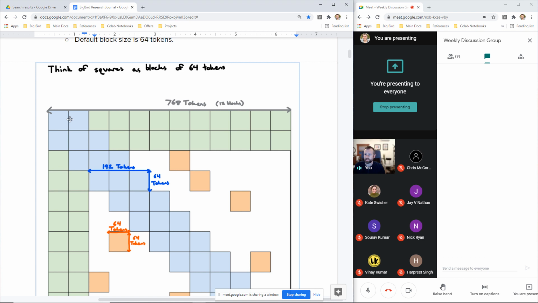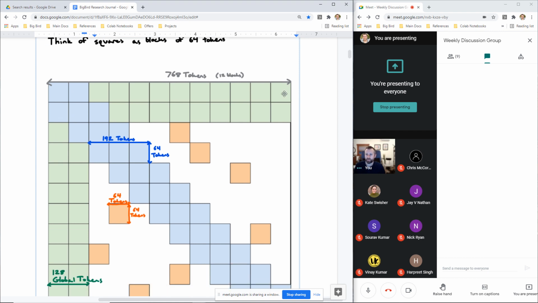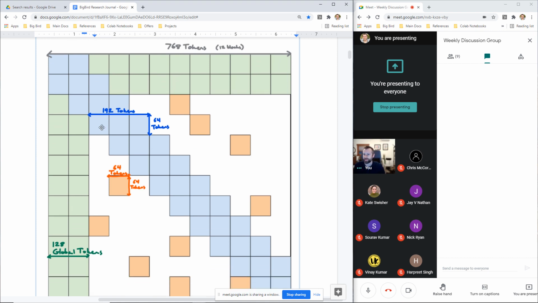The actual size of this matrix depends entirely on the length of your sequence, so this is just an example. There are 12 of these blocks here, so if the block size is 64, this is actually 768 tokens, the length of this example sequence. Attending to the neighbors is not just one word to either side.